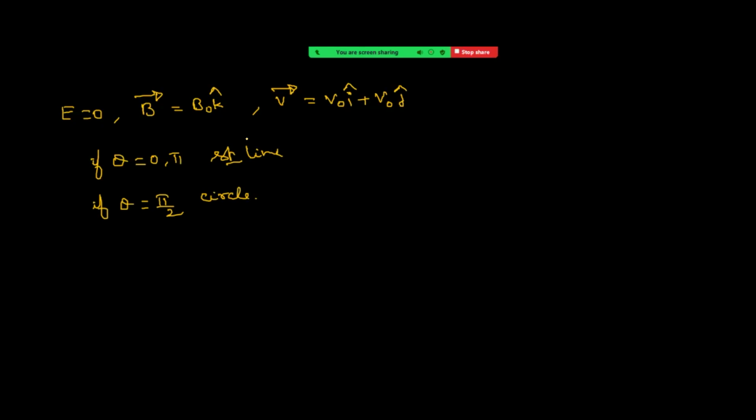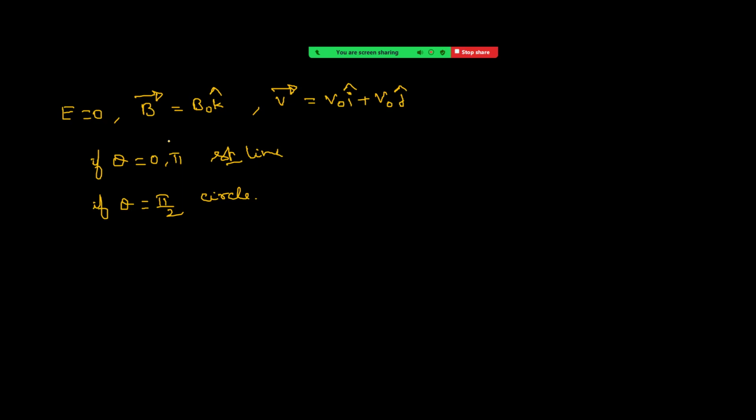Now you can see velocity is confined to the xy plane. It is V naught i cap plus V naught j cap, so velocity is in the xy plane. Coming to the magnetic field, it is along the z axis, meaning normal to this velocity. That means between these two vectors, the angle is 90. Therefore, the path will be a circle.